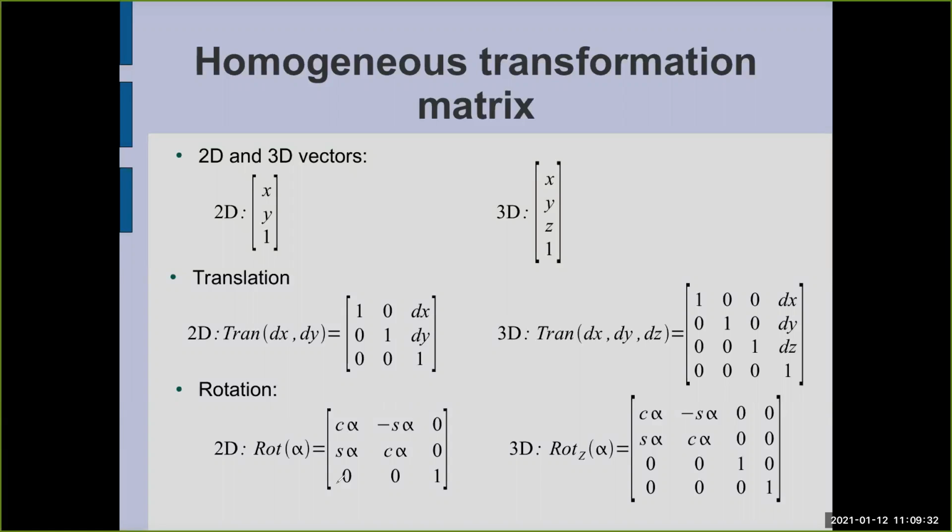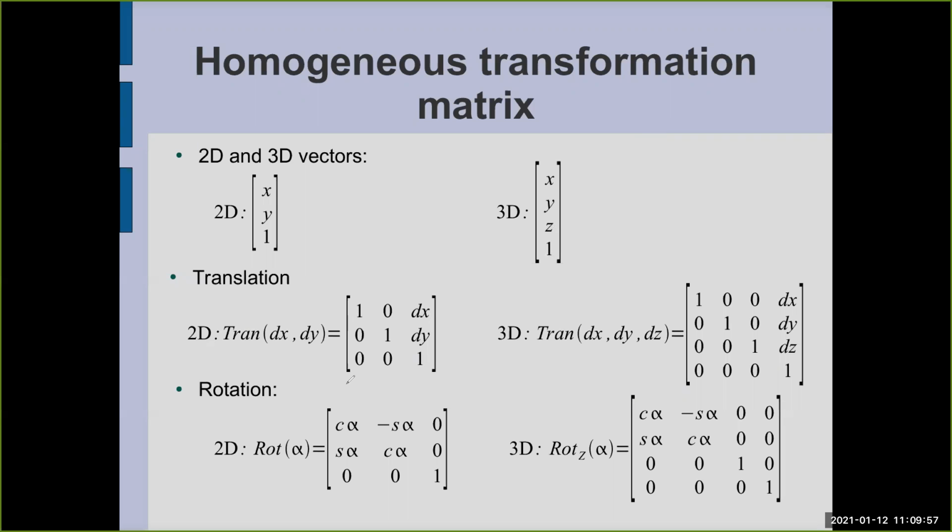So first, in homogeneous transformation, the vector is extended by a single term, which is always equal to 1. So in the 2D case, we have x, y, 1, and in the 3D case, we have x, y, z, 1.